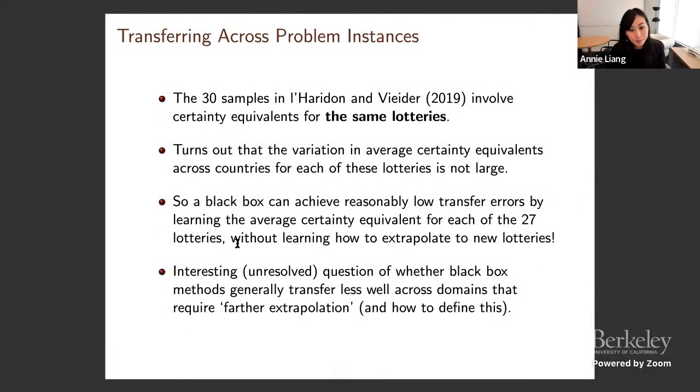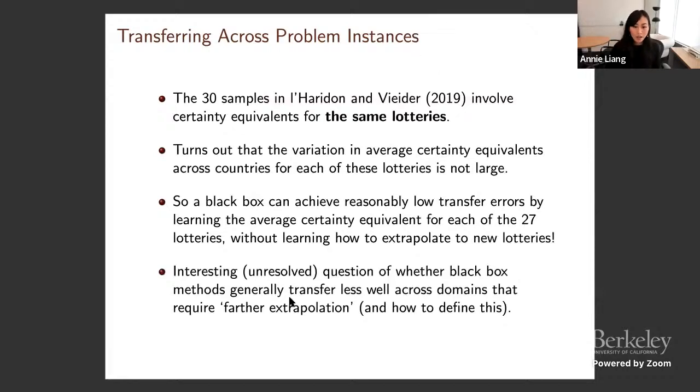Note that the black box can therefore achieve reasonably low transfer errors across these different sample sets without actually learning how to extrapolate to new lotteries. You can extrapolate to prediction of other countries' answers for the same lotteries. We're not testing you on how you're going to do when asked to predict certainty equivalents for new lotteries outside of this data set. So this provides a reasonable, interesting conjecture.